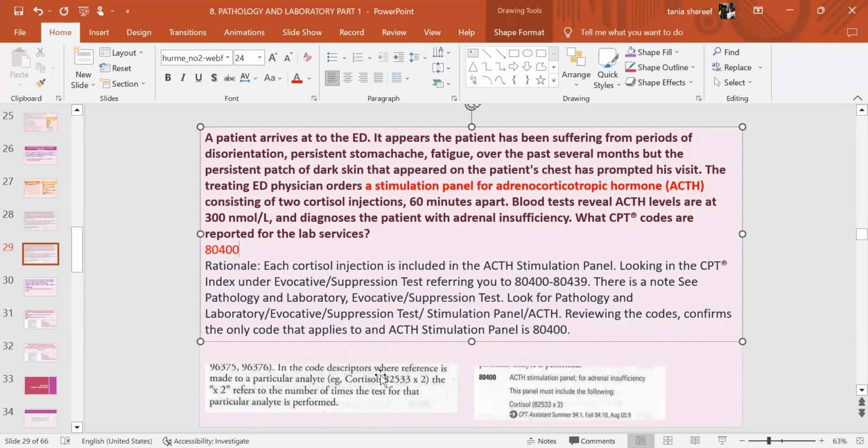So instead of writing 82,533 times 2, that is for the cortisol injection, there is a panel for adrenal insufficiency. So for the stimulation panel for adrenocorticotropic hormone, that is for adrenal insufficiency, we have a panel called 80,400. So we should not report 82533 times 2, but 80,400.